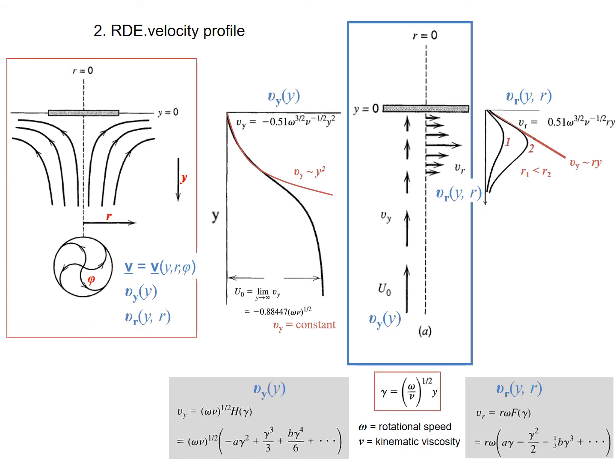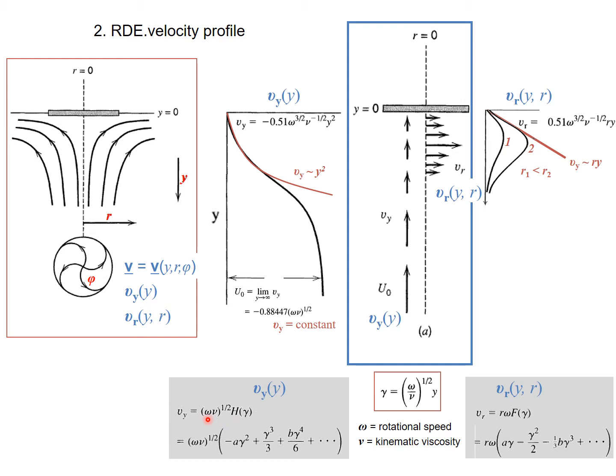Okay, then let me assume that we have solved the Navier-Stokes equation with the continuity equation. Then here is the solution. This is the y-directional component of velocity. V sub y is only a function of y. So Vy is equal to the product of two terms.